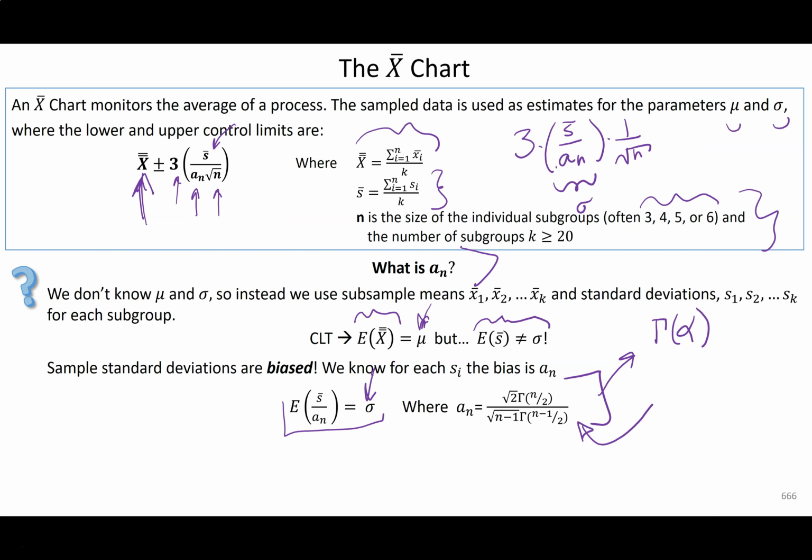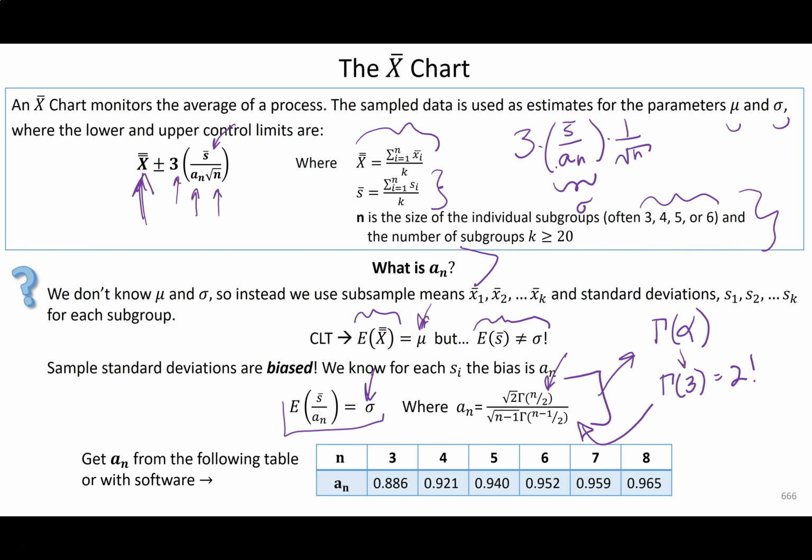Absolutely, you can find the gamma function in R. For an integer value, if I had gamma of 3, that's equal to 2 factorial. It's a little trickier if you have fractional values, like if n is something that's not an even number. But we give these to you. You do not need to calculate them.